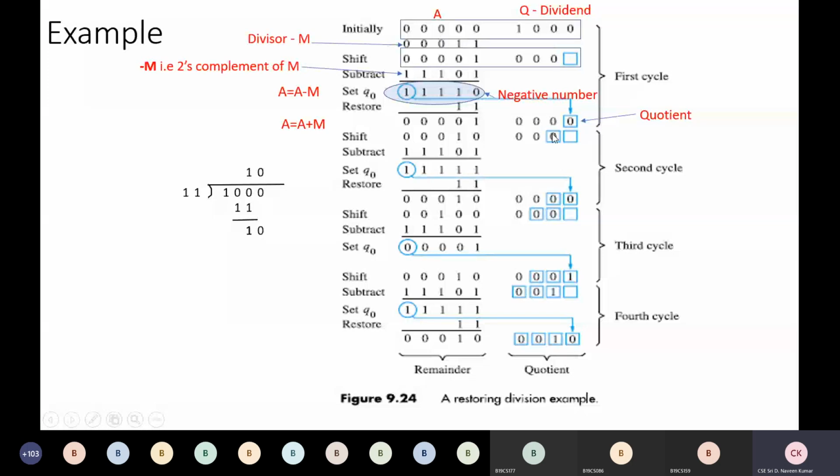So the resultant comes like this. Again we do minus m and see, if it is a negative number, again restore, we get this result. Again shift left side, we get 100. Again we subtract, minus m, that is m's 2's complement. Subtracting this 1, we get this subtraction result.